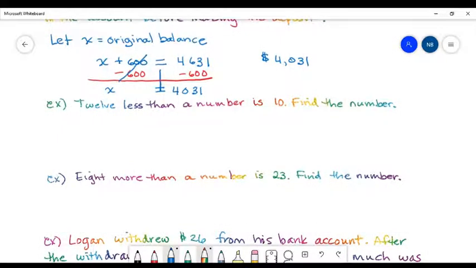All right, this next example is very basic. The reason I'm including this example is because of this phrase right here, less than. It says 12 less than a number is 10. Find the number. I'm going to let X equal the number.